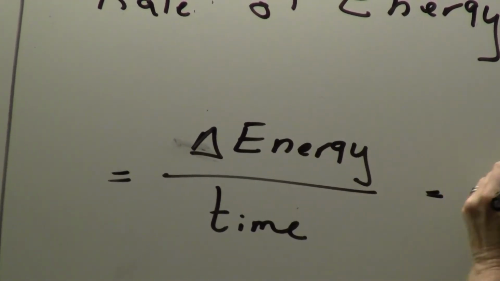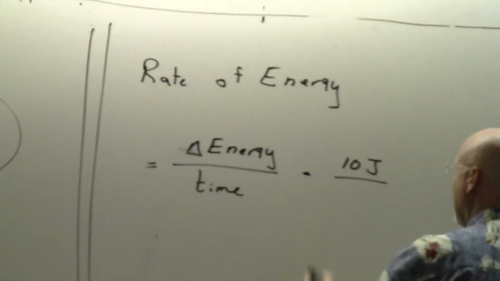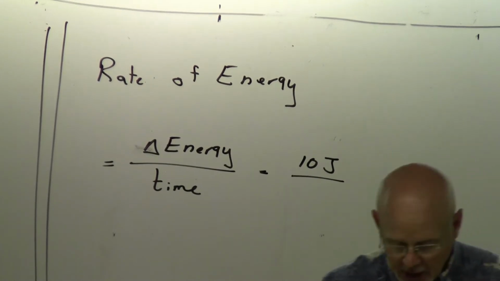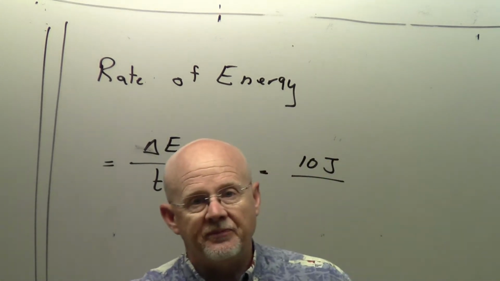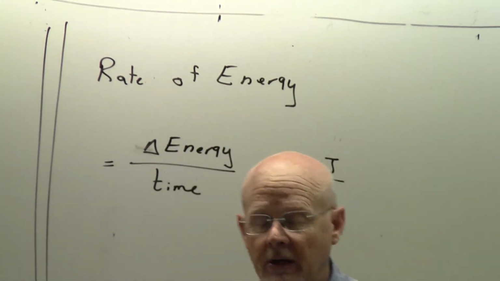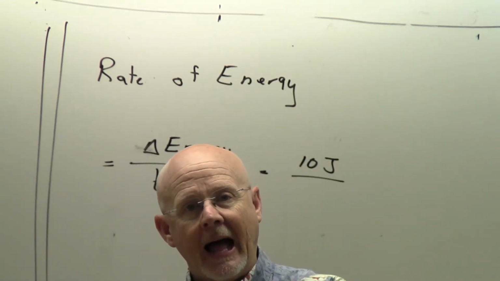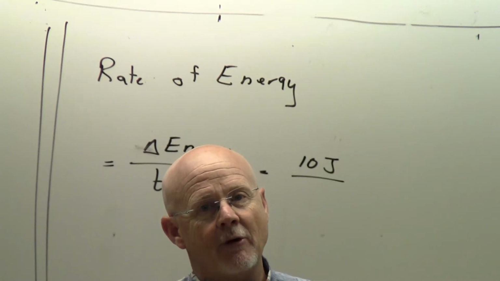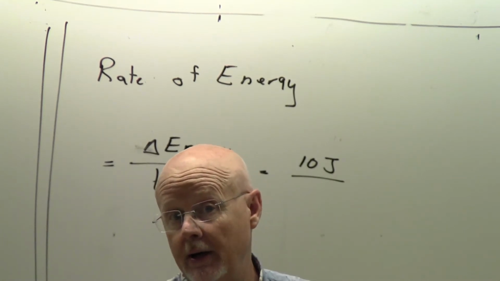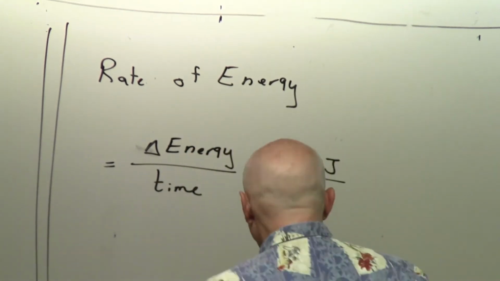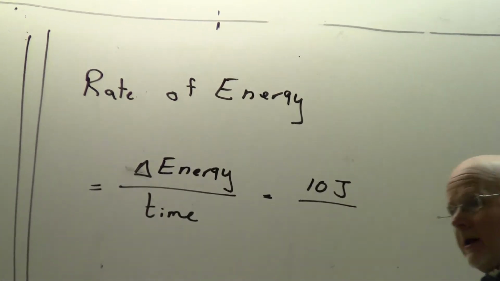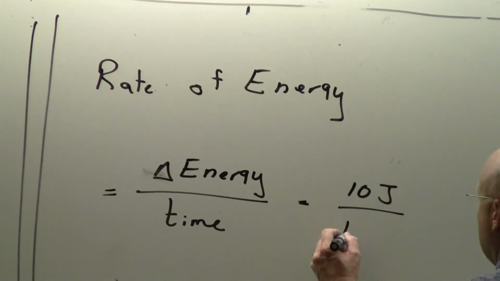We might say that it loses 10 joules of potential energy as it falls. Well, the rate then would be how long did it take for it to fall that 1 meter? And I think it is about 1.25 seconds.